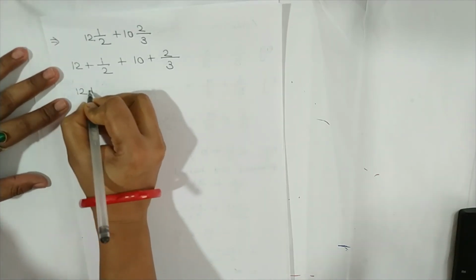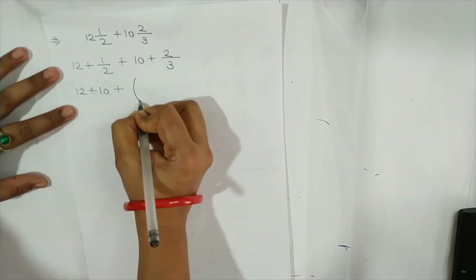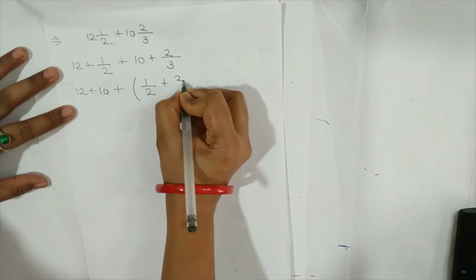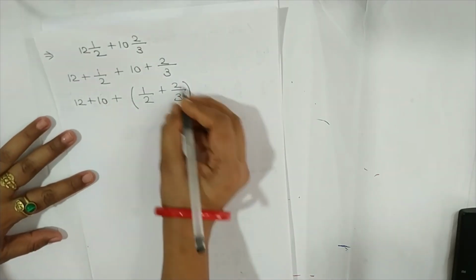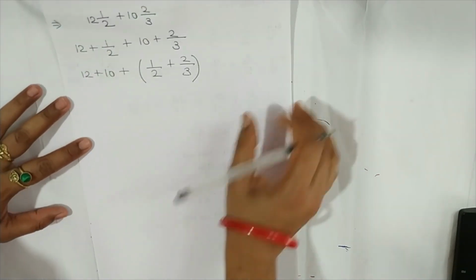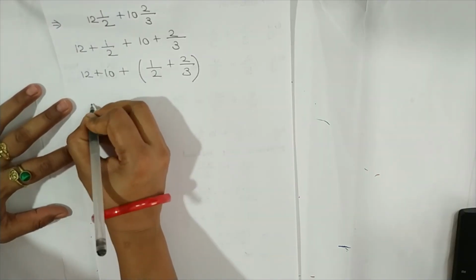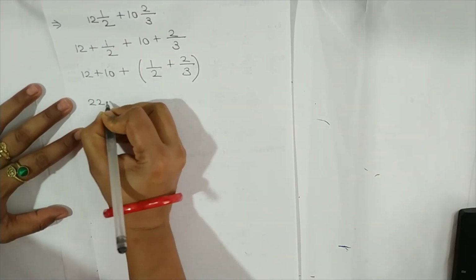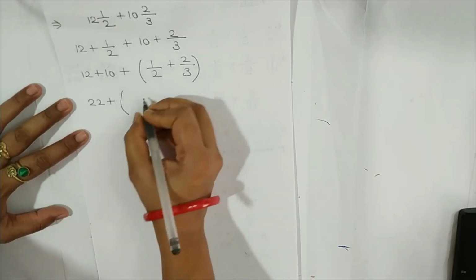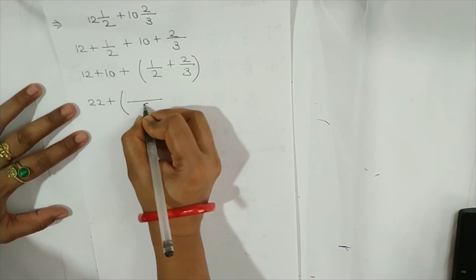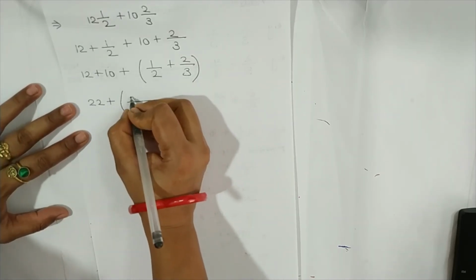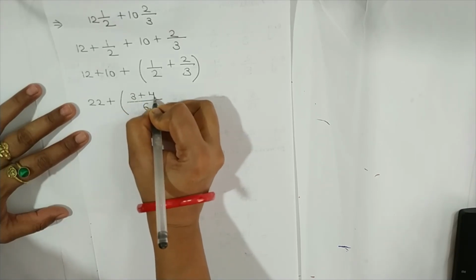So 12 plus 10 plus 1 by 2 plus 2 by 3. Now we have to solve this fraction, and it will be 22 plus, the LCM is 6, so here will be 6 and it will be 3 plus 4.